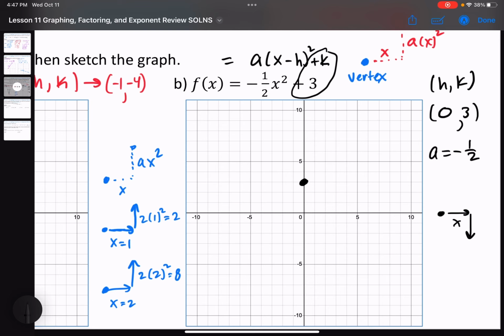So I'm going to go ahead and suggest that we pick a number like 2 just to start. You could pick 1, but then you're going to end up with a fraction point. And when you're graphing, that's not a big deal, but it might make our life a little bit easier.